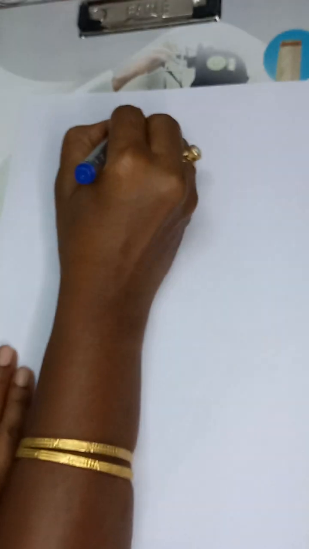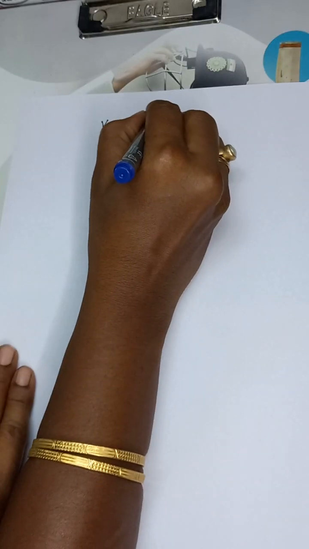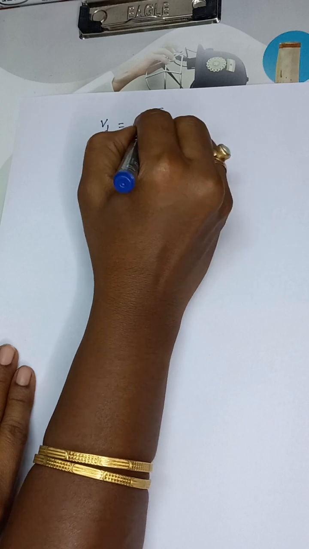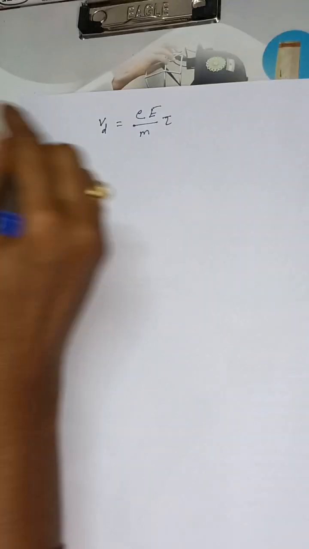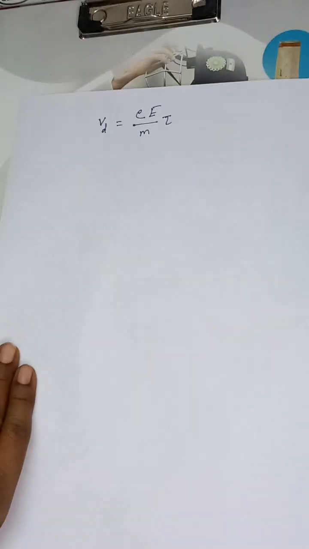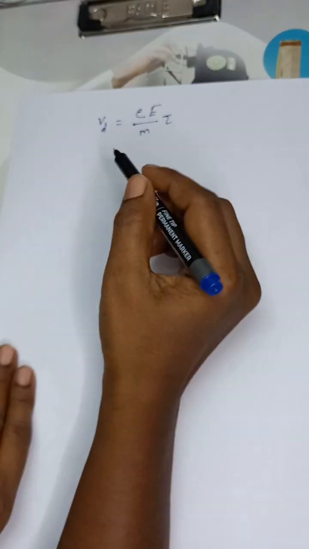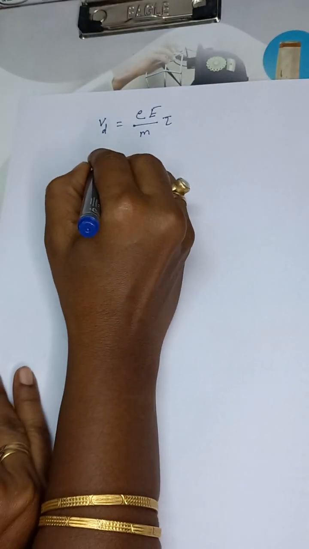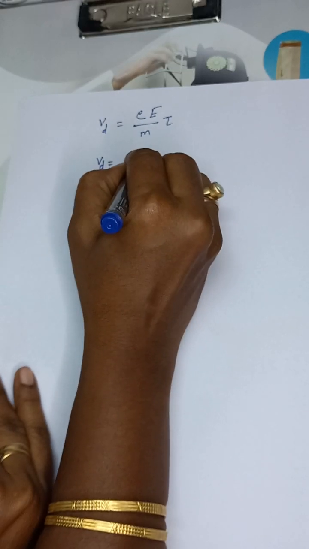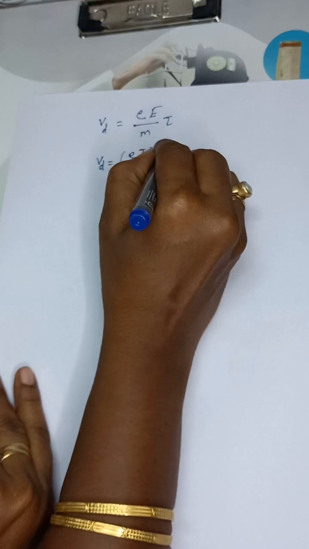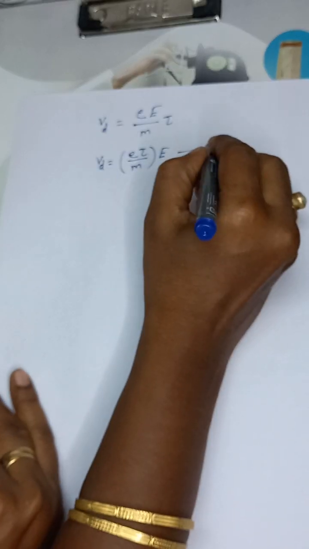So Vd is equal to eE by m into tau, or for convenience we can write it as Vd is equal to e tau by m into E. Take it as equation number 5.